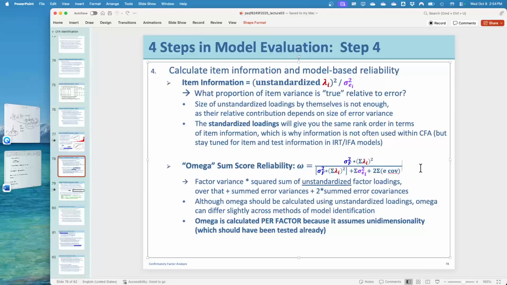Here's reliability for it. Now you might be saying, wait a minute, why am I doing a sum score? Turns out if your model fits the data, in factor analysis, the correlation between the sum score and your factor score is very high, 0.95, 96, 98, something along those lines. So if your model fits your data, using coefficient alpha is probably not that much of a degradation of your reliability.